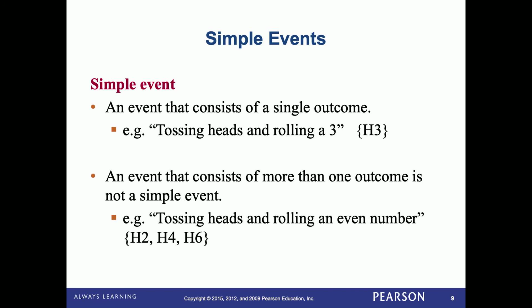An event that consists of more than one outcome is not a simple event. They don't have a specific name for it. It's just not a simple event. So if we want heads and an even die roll, then we would have a subset. We'd have heads 2, heads 4, and heads 6. This is not a simple event because you're ending up with more than one outcome.